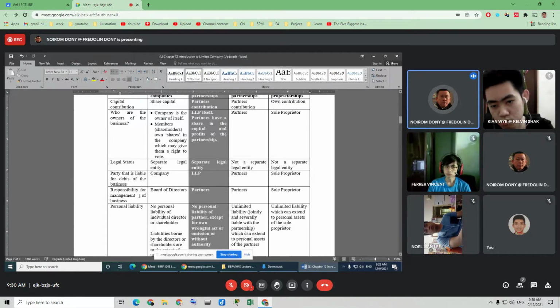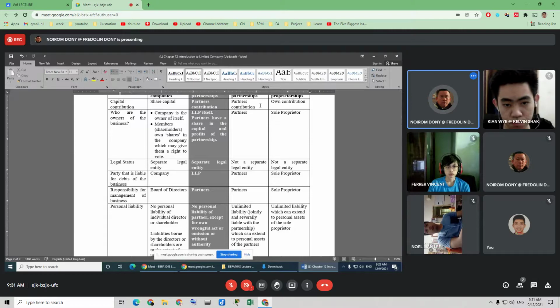Okay, responsibility for management of the business. Management of the business means who is running the business. For a company, the board of directors runs the business. For a limited liability partnership, the limited liability partnership is responsible for managing, together with the partners.